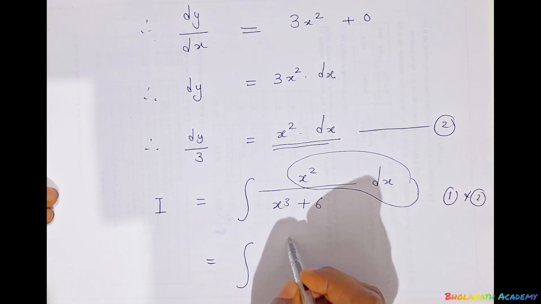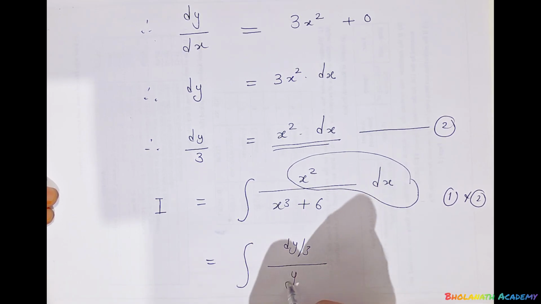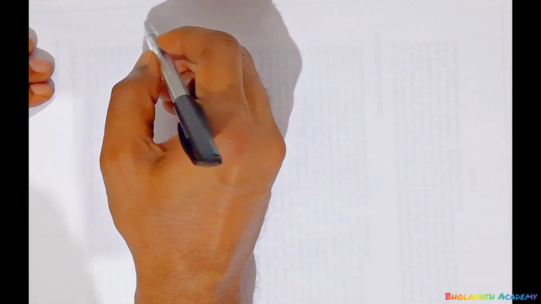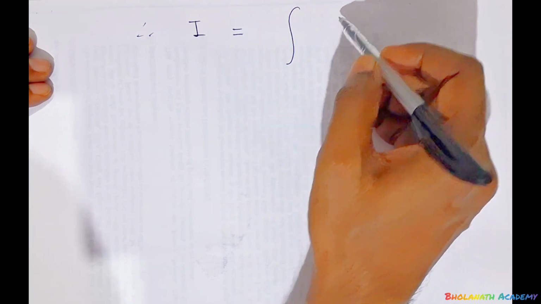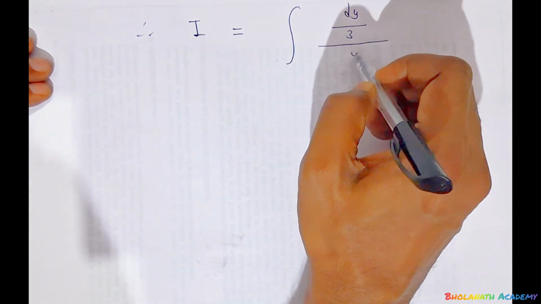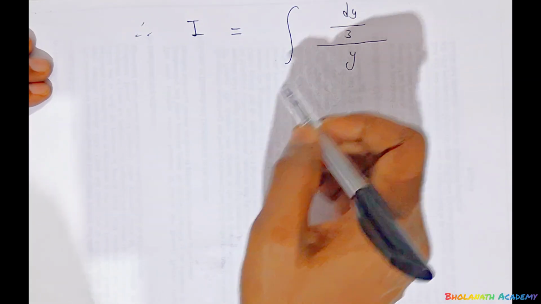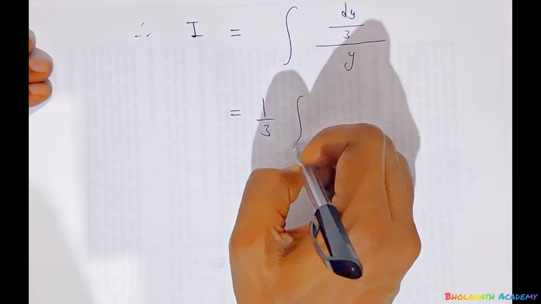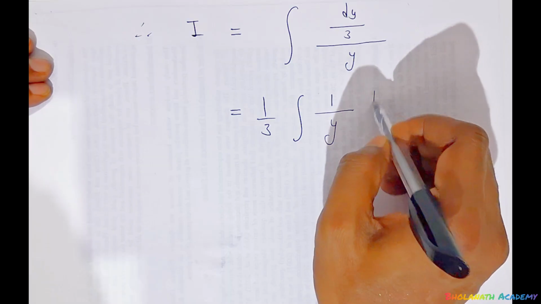Therefore the integration is equal to the integration of dy upon 3 divided by y. Now 1 upon 3 will come out. What is remaining is 1 upon y with respect to dy.